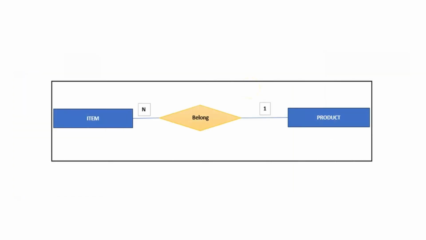So we can say that product and item are in a 1:n relationship, where one product can be mapped to multiple items represented by n here, but each item should only be mapped to one and only one product.